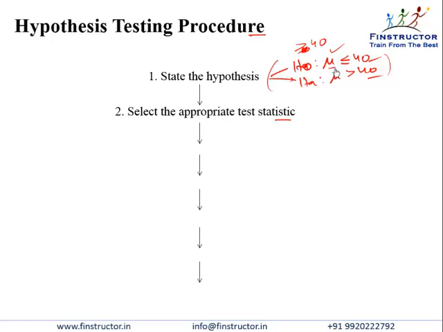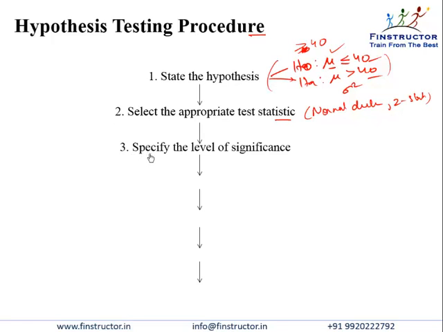So if the hypothesis is on the mean, then we can use the normal distribution or the Z statistic. If the sample size was small, we probably would have used the T statistic. If it was a hypothesis on the variance or the standard deviation, we would have needed to use the chi-square distribution or the F distribution, as we will see in the coming slides. So second step is to select the test statistic. For hypothesis on means, this would be the Z statistic.